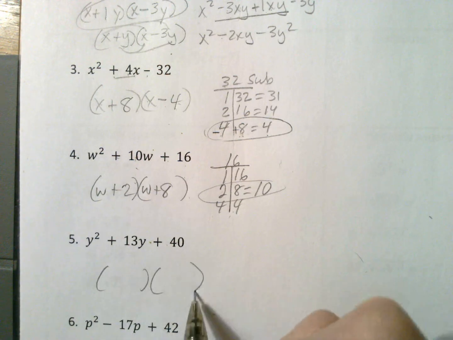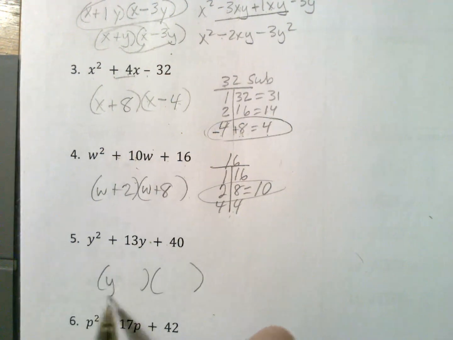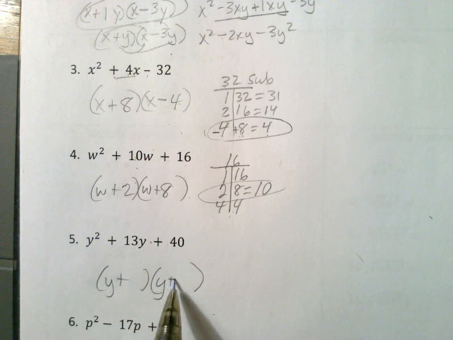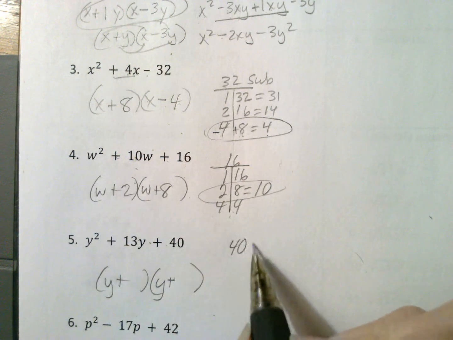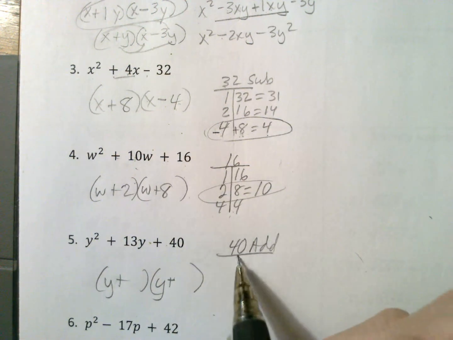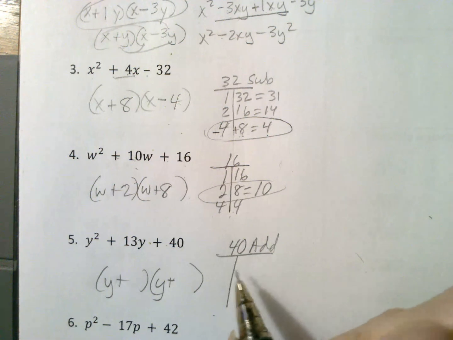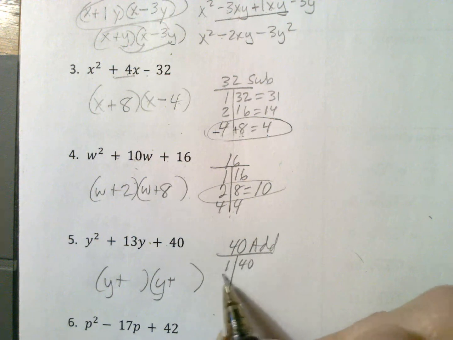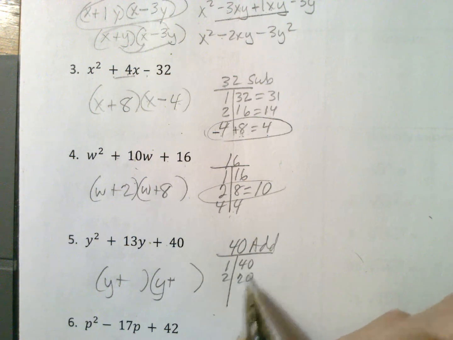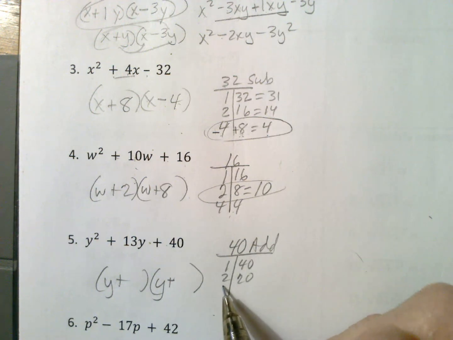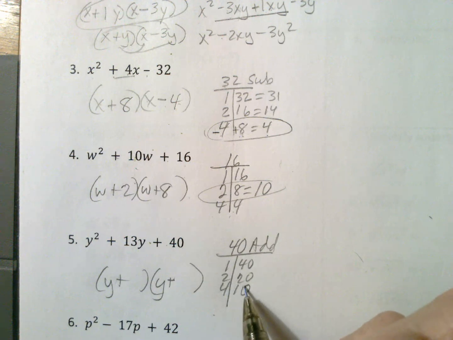Let's see, this one here, y plus factors of 40 that add together to get a 13. I don't know about you, but I don't know it off the top of my head. 2 and 20, no, 4 and 10.